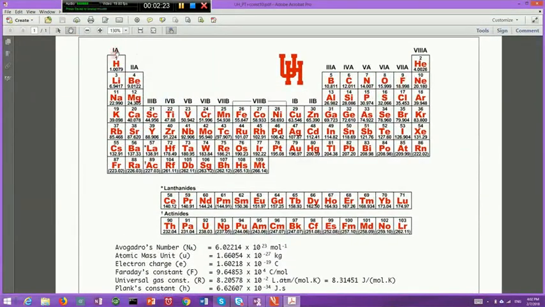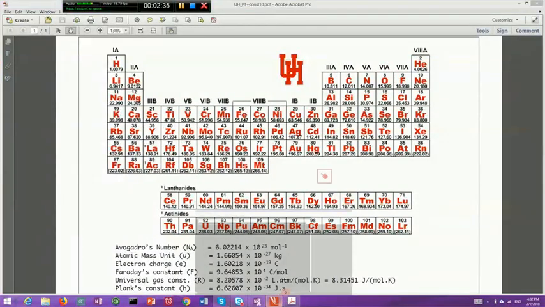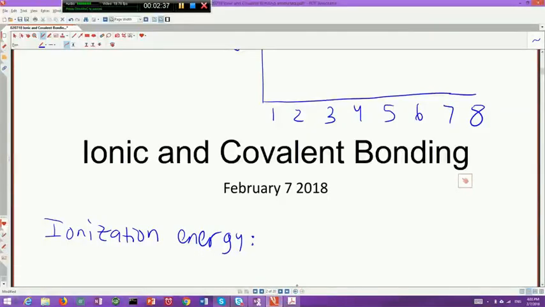So the ones that are labeled as A are the main group elements. So group 1A is here with hydrogen, group 2, and then we're jumping over to group 3, 4, 5, 6, 7, and 8. We're not particularly interested in the periodic trends for transition metals in this course, so we'll just mainly focus on the main group. Let's go back to our full screen.